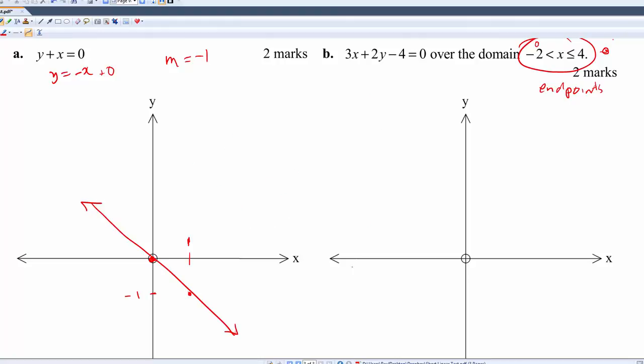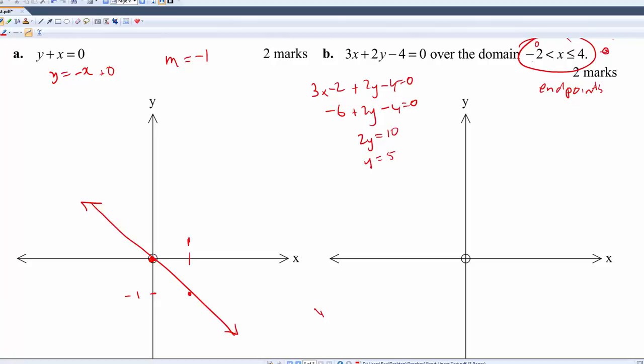So we're going to sub in x equals negative 2 first of all. So we've got 3 times negative 2 plus 2y take 4 equals 0. Negative 6 plus 2y take 4 equals 0. 2y equals negative 10, y equals 5.